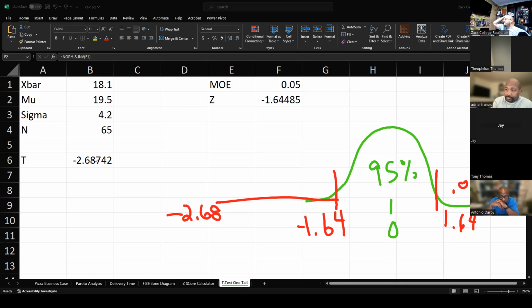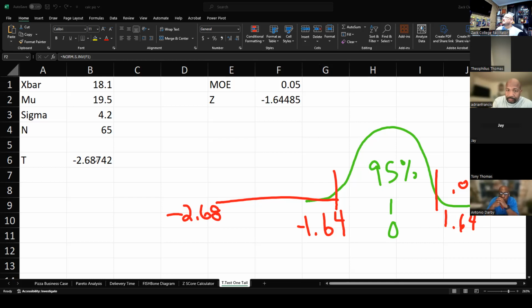So would we reject it, or would we fail to reject it? What do you guys think? Put it in chat. Will we reject it or fail to reject it? Yeah, definitely reject it because of the fact that it is outside of that window.